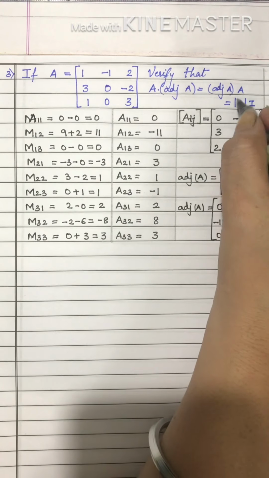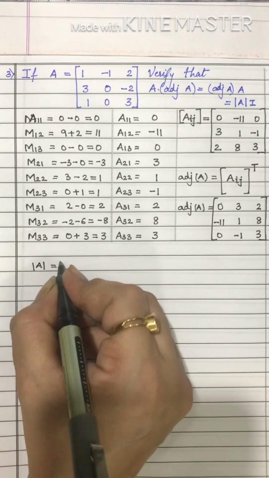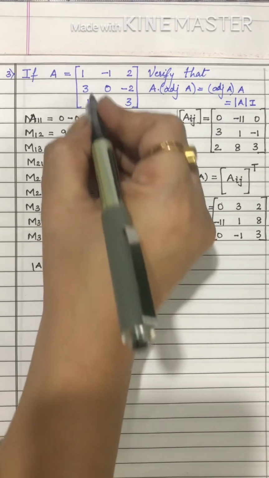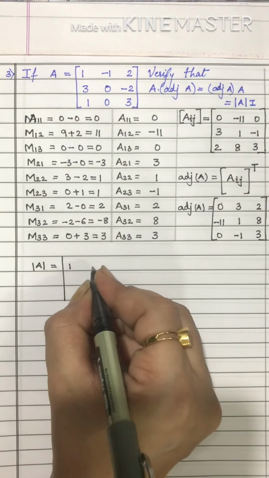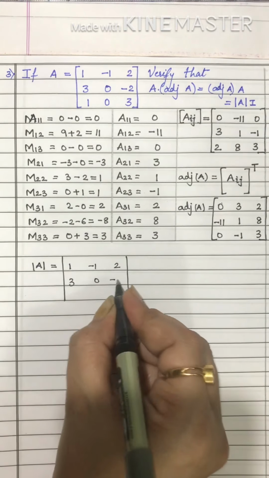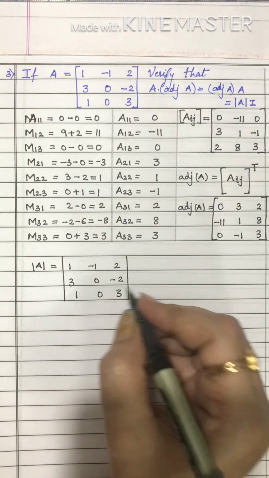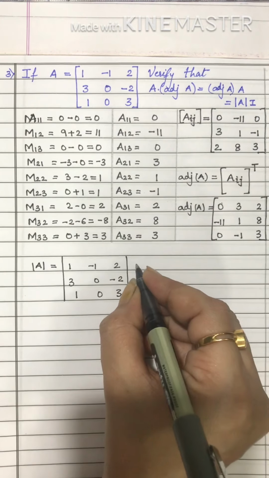Next we need to solve for determinant of A. Now what we do, we write the determinant of A from the matrix A. Okay, use the determinant sign, do not get confused in it. Here you may lose marks if you write a matrix sign. Okay, how to solve this?